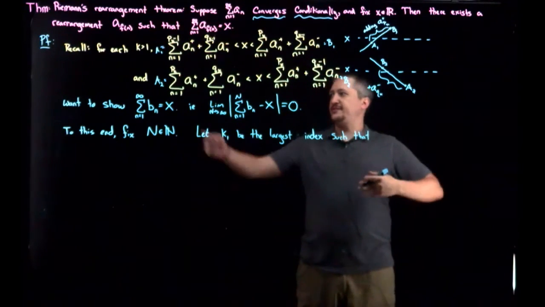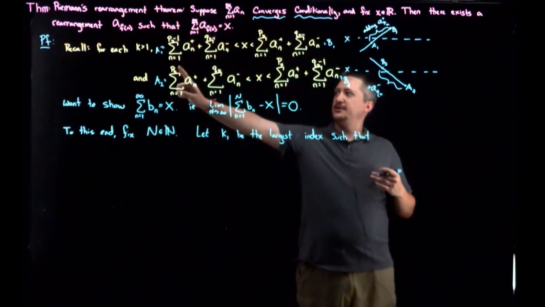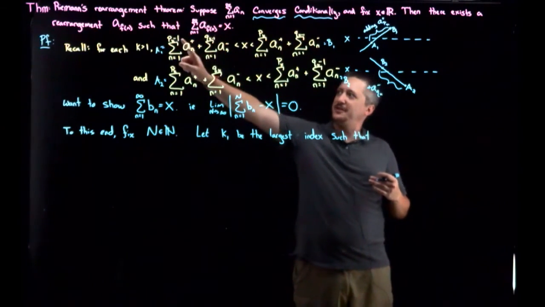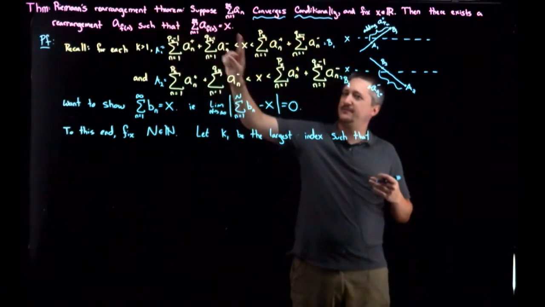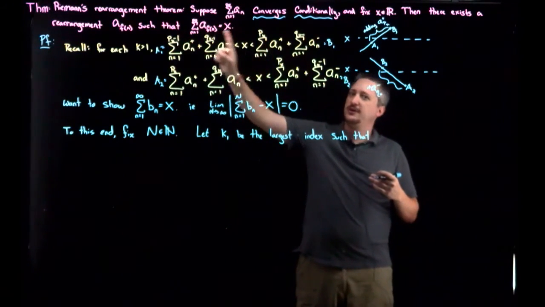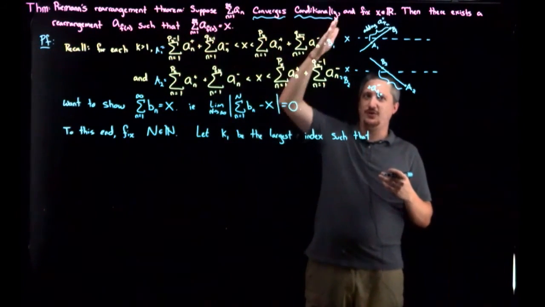So remember what these BNs are: the PKs, then QKs, then back and forth, right? So it's up to P1, then up to Q1, then up to P2, then up to Q2, right? And Bn is just tracking all of those.